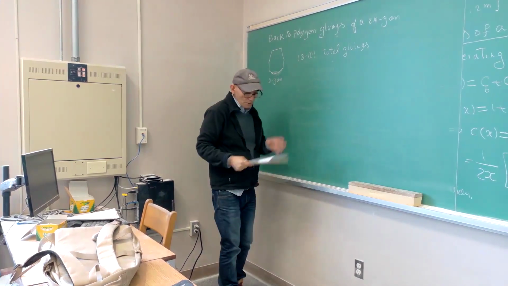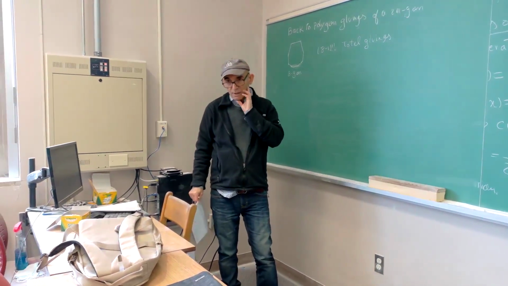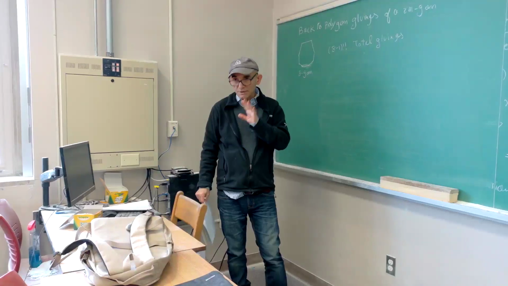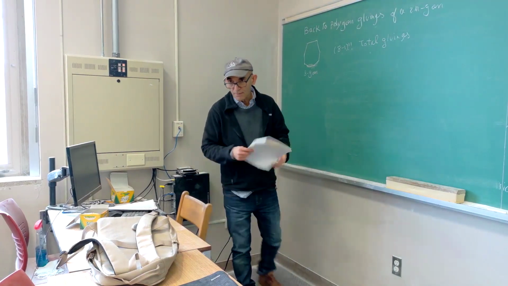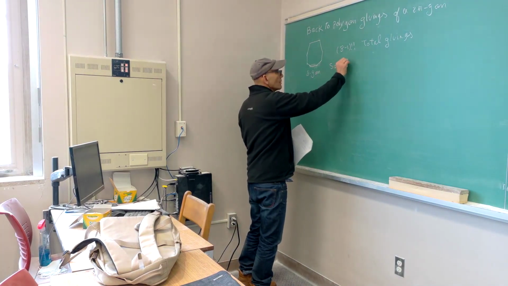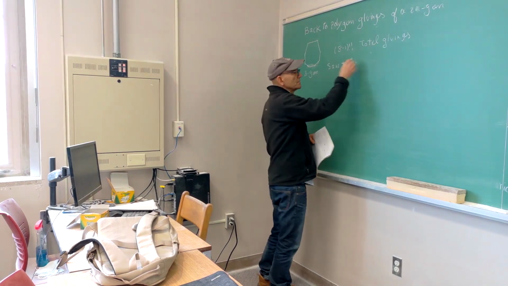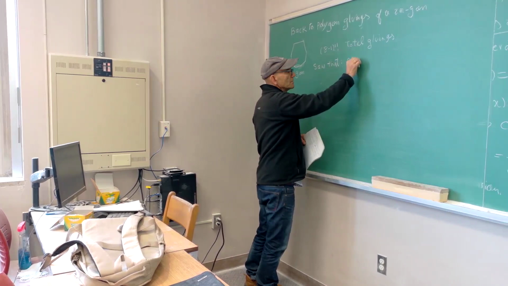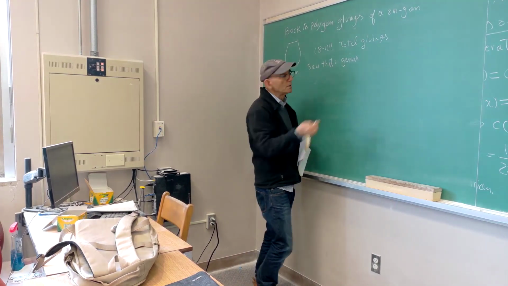Okay, so we saw that the only thing that determines everything is the genus, by the number of vertices, right? The genus of the surface is determined. That's the only invariant of the surface for us right now.